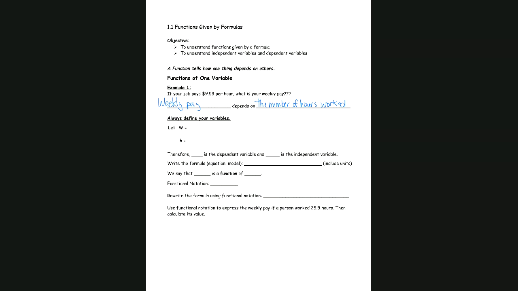So before I write my formula, I'm going to define my variables. I always want you to define your variables. You can pick any letter you want. I'm going to pick W and H, because W for weekly and H for hours.